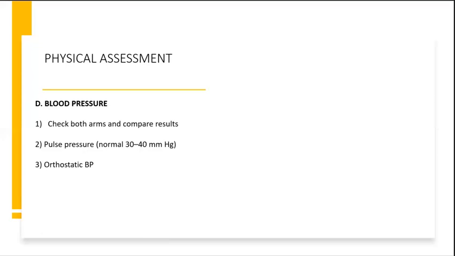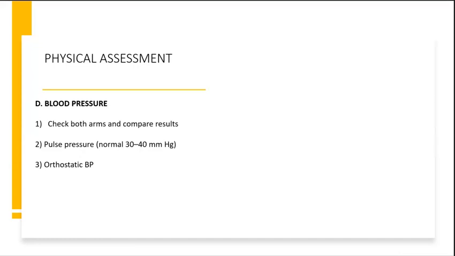Maybe they are dizzy or fainting, or at risk for a fall. Any significant change in vital signs with a change in position signals an increased risk for fall. So he's standing, we check his blood pressure, he's sitting, we check his blood pressure, and if there's a difference, then that patient is at risk for a fall.